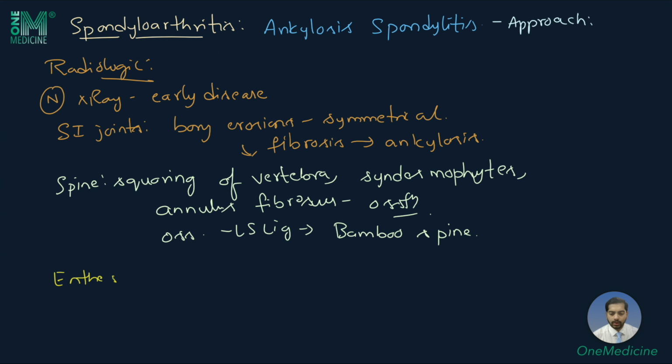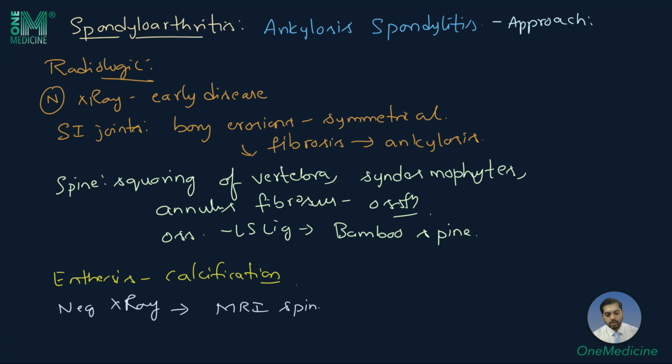Enthesitis can also lead to calcification and may be seen as opacities on X-ray. In patients with negative X-ray and early stages of the disease, MRI of the spine can be performed, which may show early intra-articular inflammation, cartilage changes, and bone marrow edema.